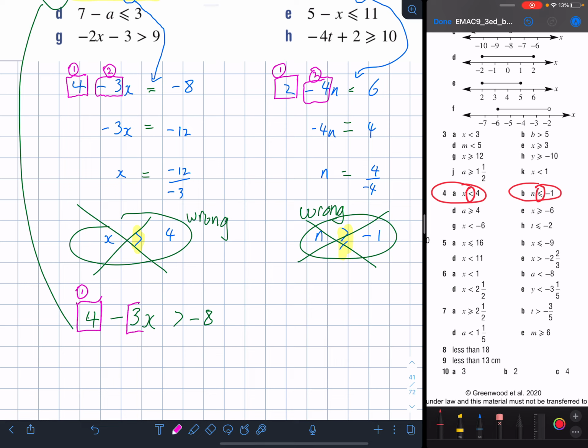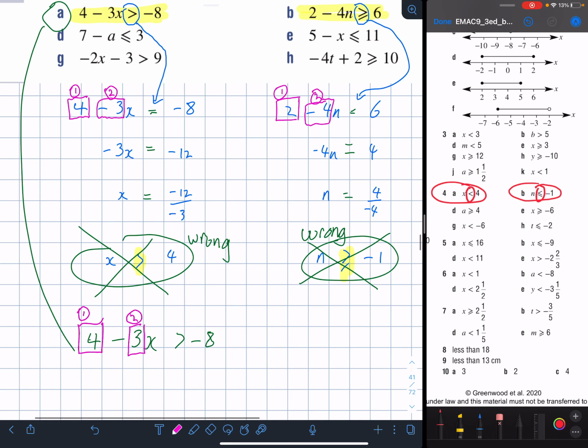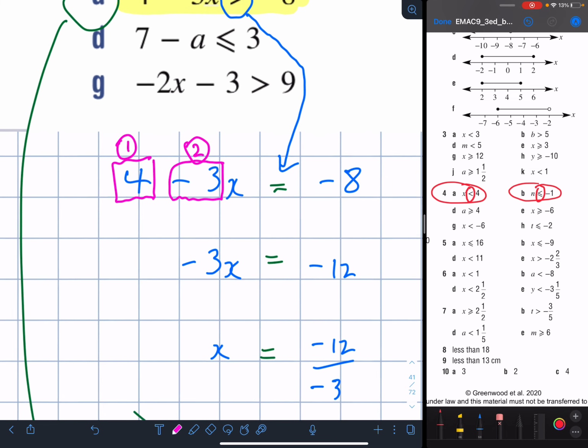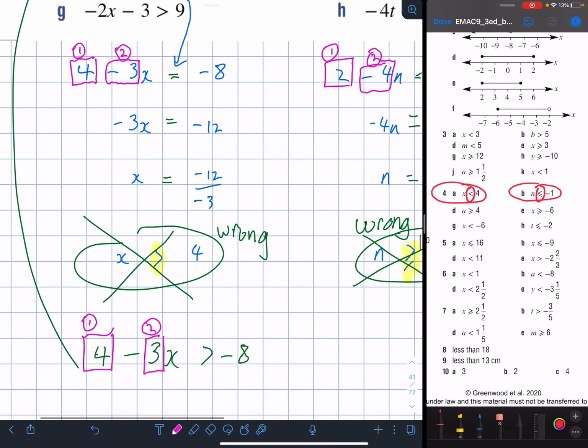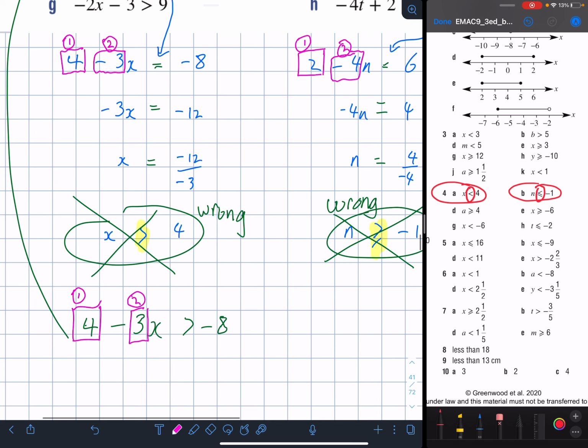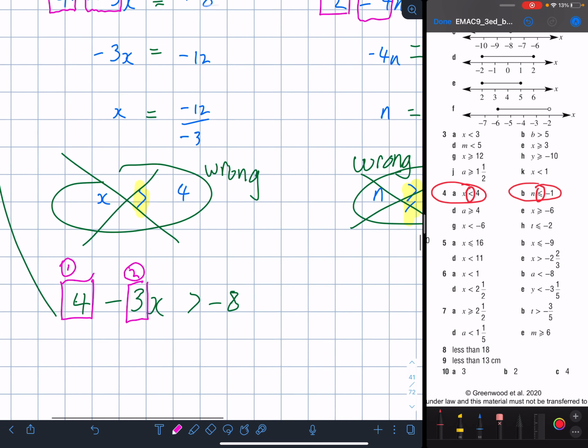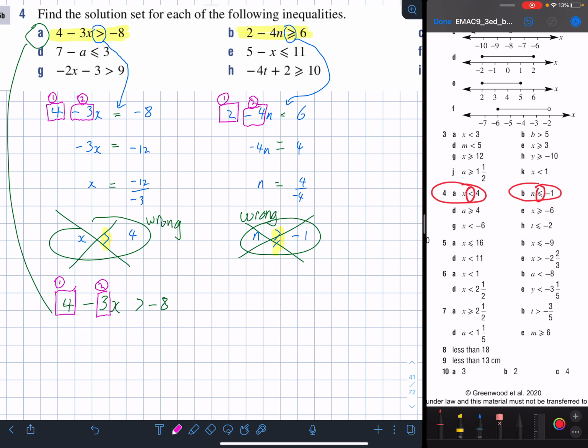And then our second step becomes to remove the 3. Now you'll notice at the top here, our second step was to remove the -3, and we did that by dividing both sides by -3. But when we're dealing with an inequality, we're just dealing with a 3. Similarly, let's look at the one on the right.